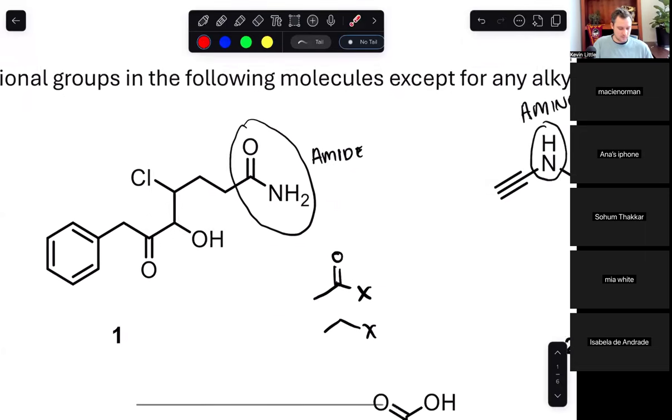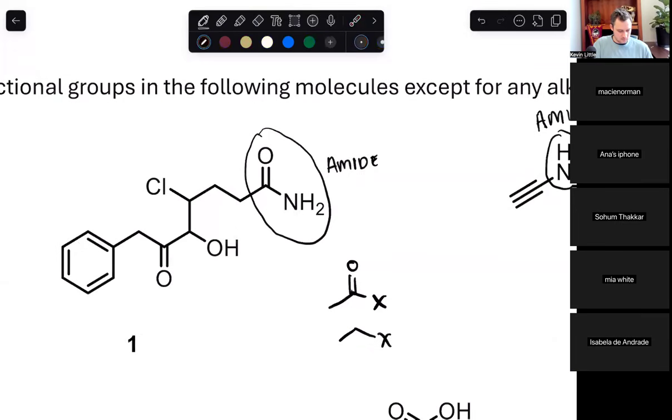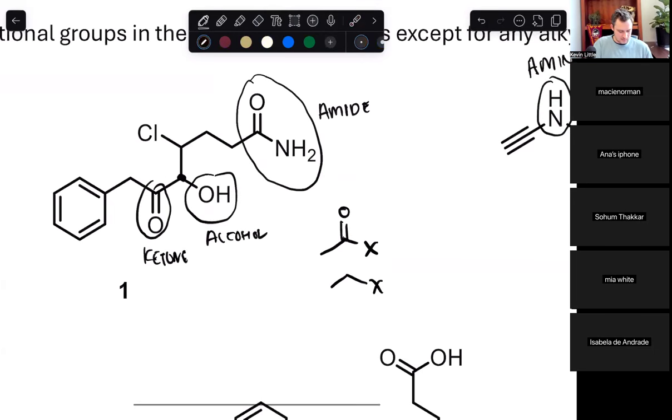Another place that people might get confused is here. This is not a carboxylic acid. This is an alcohol and a ketone, because the difference between that and this is huge, for reasons you don't quite know yet.